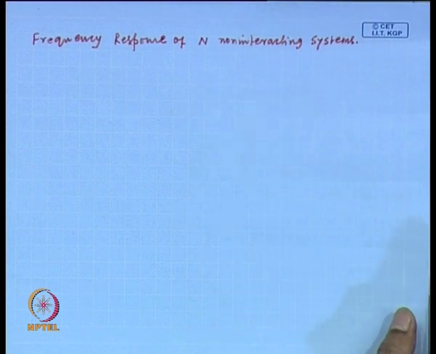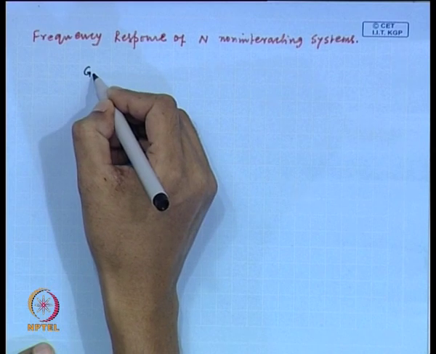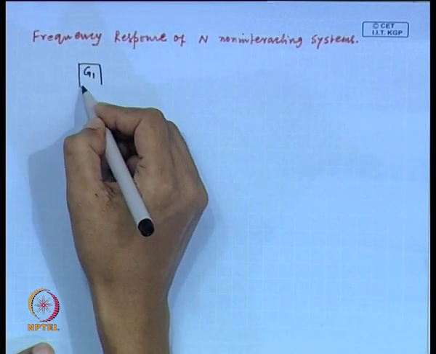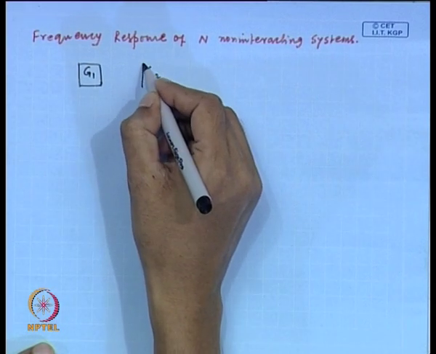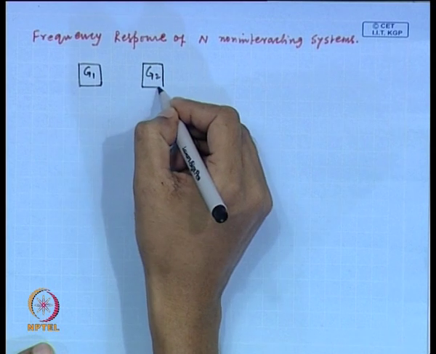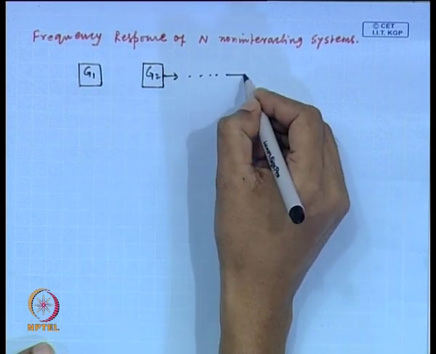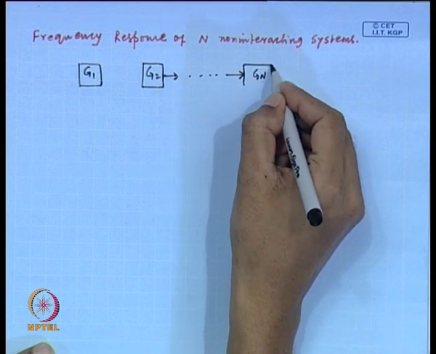Say n non-interacting systems are connected in series and the individual transfer functions are G1, then G2, like this. The last one is Gn.